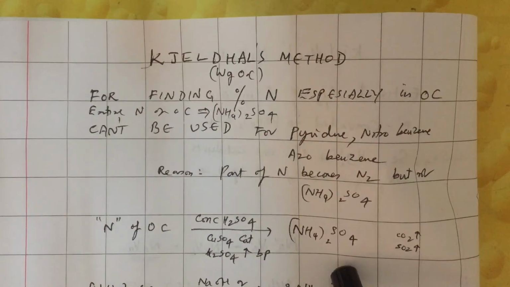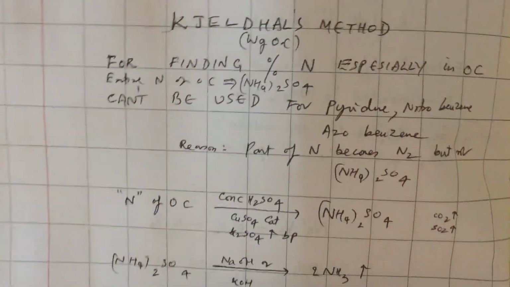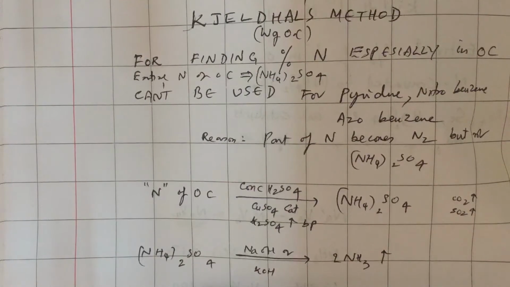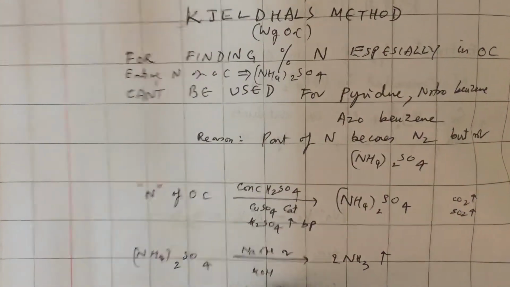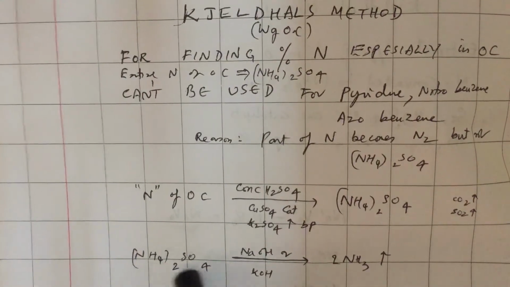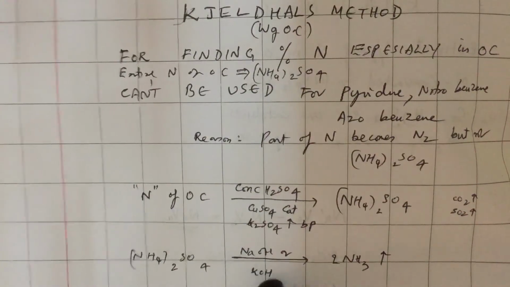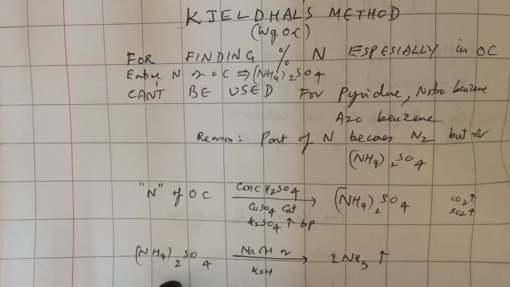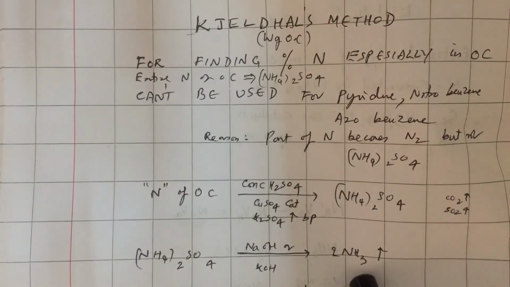Once you get that white mass of ammonium sulfate after complete digestion, the ammonium sulfate solution is treated with either NaOH or KOH so that entire ammonium sulfate becomes ammonia gas. You are adding NaOH or KOH in excess so that all the nitrogen of the organic compound will be converted to ammonia.